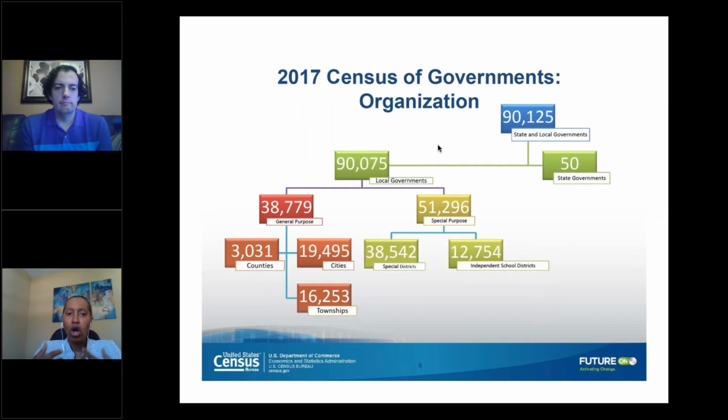The descriptions also explain the structures of the different types of local governments, the responsibilities of these local governments and the authorities that they have. And these will vary state to state. Maryland will not be the same as Colorado, because of how those local governments are set up and the responsibilities that have been put forth on them.